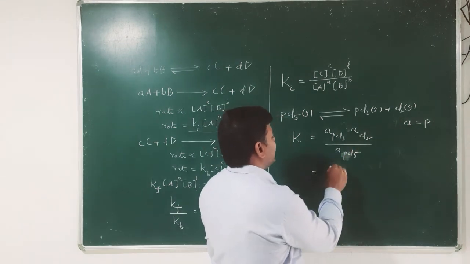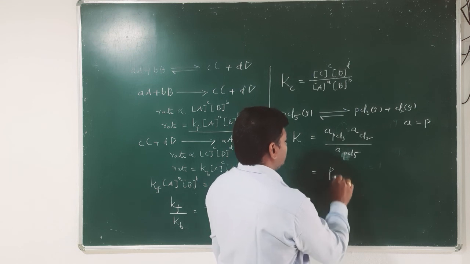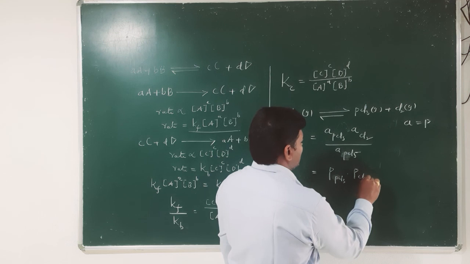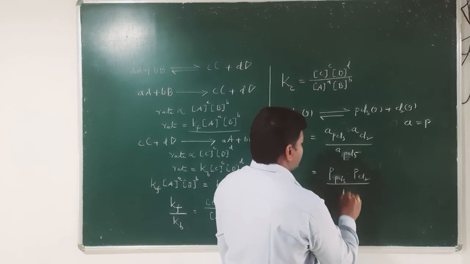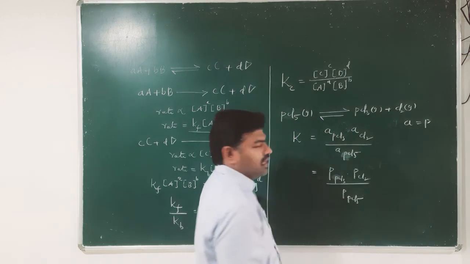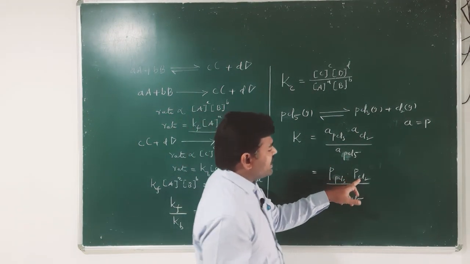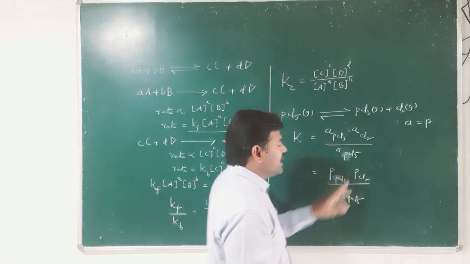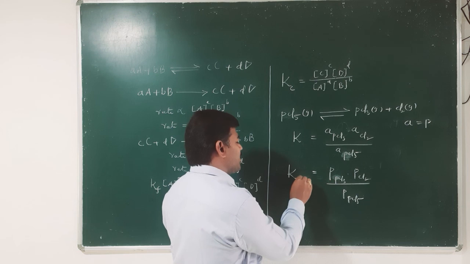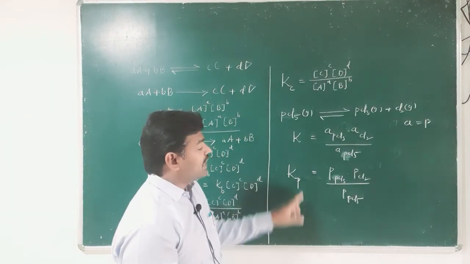So, we can write the partial pressure of PCl3 and partial pressure of Cl2 gas by partial pressure of PCl5. When we express the concentrations in partial pressures, we write the subscript for K as Kp.